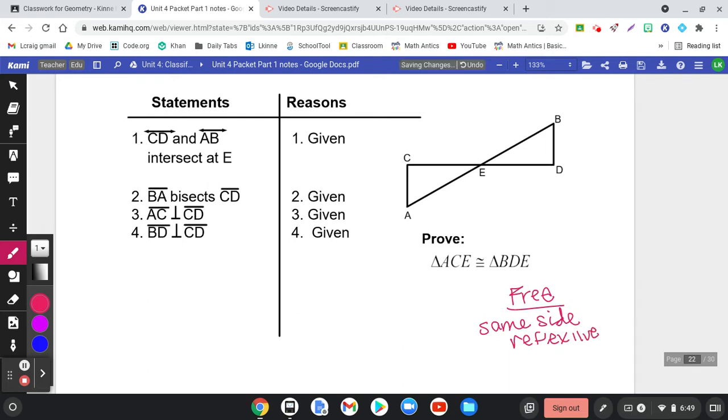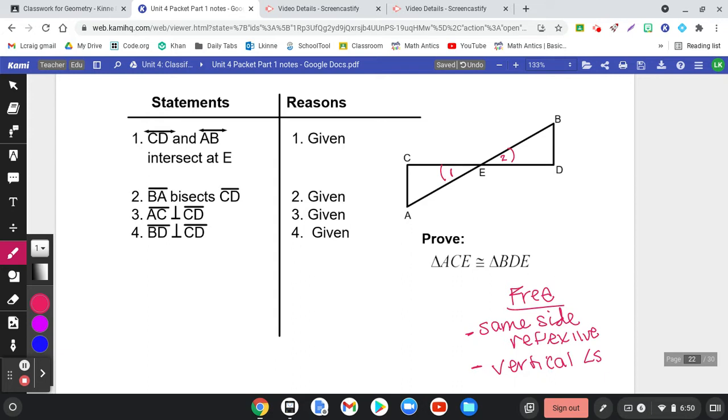And anytime you see vertical angles, which I see in this picture, I immediately am going to write 1 and 2 here, because those are vertical angles, so we know they're congruent, and we'll put that into our proof.